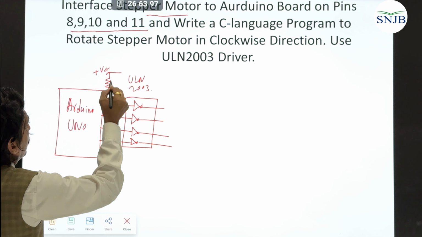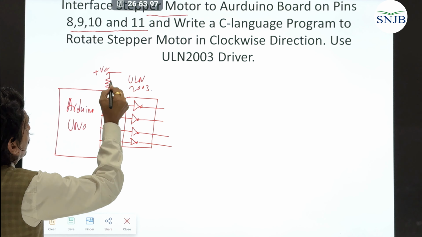As far as programming is concerned, you can write void setup. In void setup, you define the pin mode of pin number 8 as output.